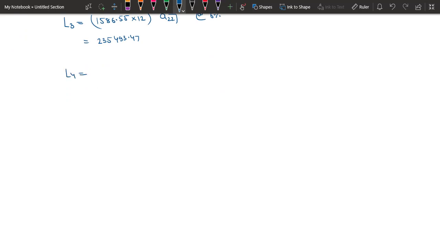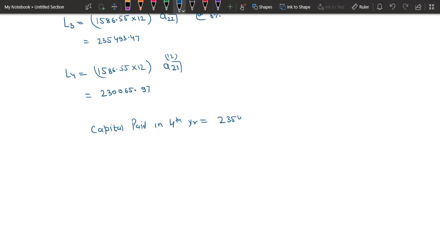Now we calculate L4 in a similar way. Now instead of 22 it will be 21 and the rest of the thing will be the same. So this will come out to be 2,30,065.97 and the difference, that is the capital paid in 4th year, will be 2,35,493.47 minus this.